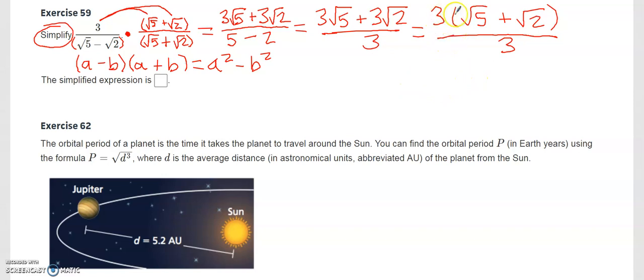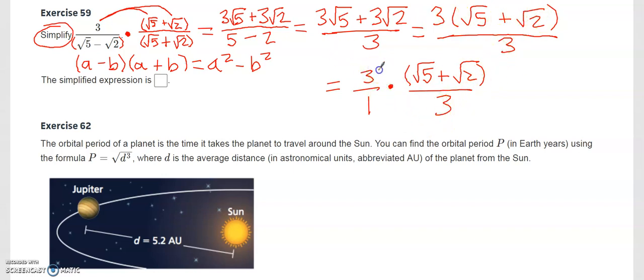When you have 2 factors up here, you can think of those as fractions being multiplied together. So this is 3 times the quantity square root of 5 plus the square root of 2, all over 3. And 1 times 3 would be 3 in the denominator.